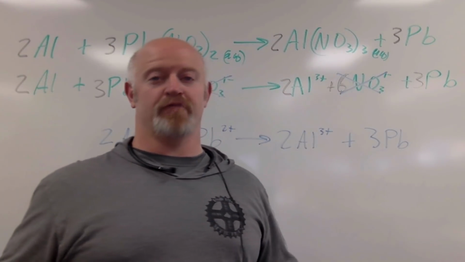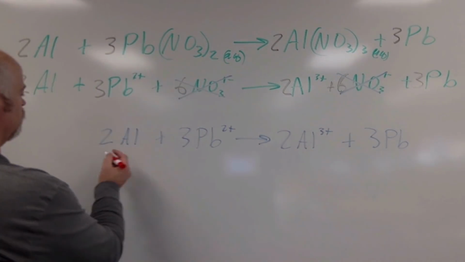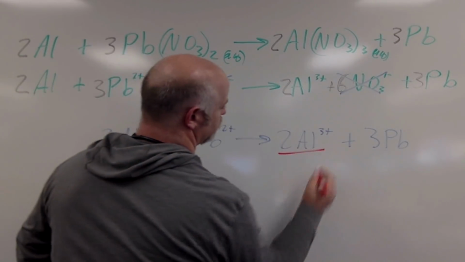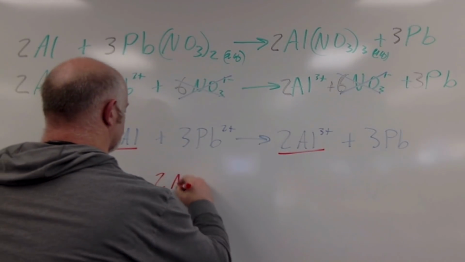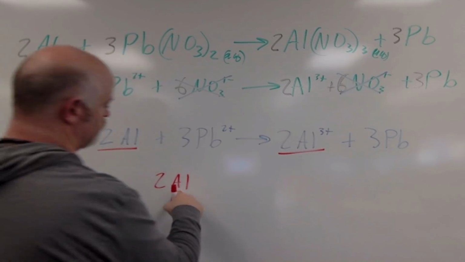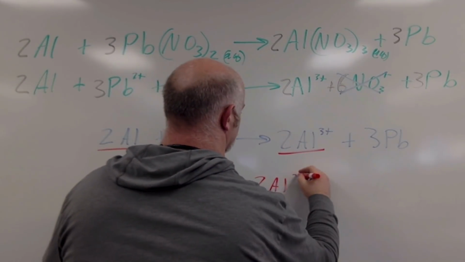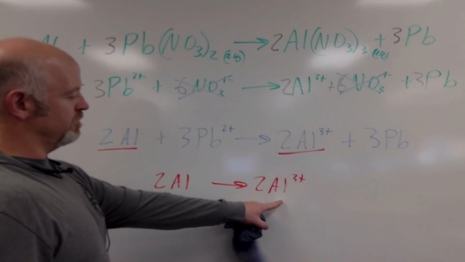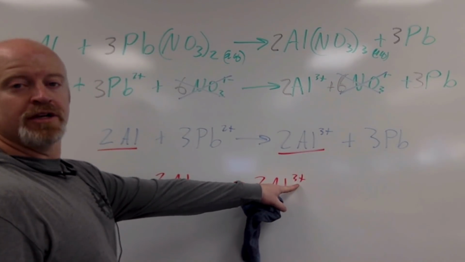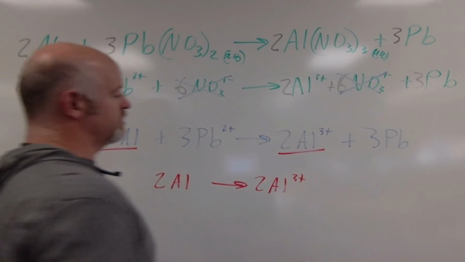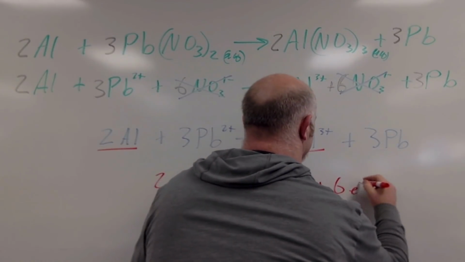So let's now look at our half reactions here, okay? So we have 2 aluminums and 2 aluminums, which means your 2 aluminums as neutral are turning into 2 aluminums with a 3+ charge. Okay? So each aluminum has given up 3 electrons, for a total of 6. So it has given up 6 electrons.